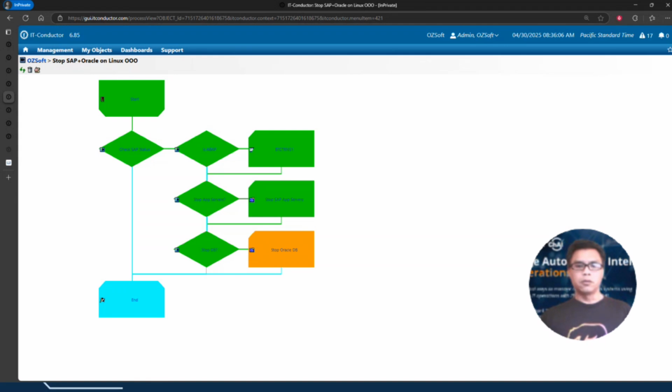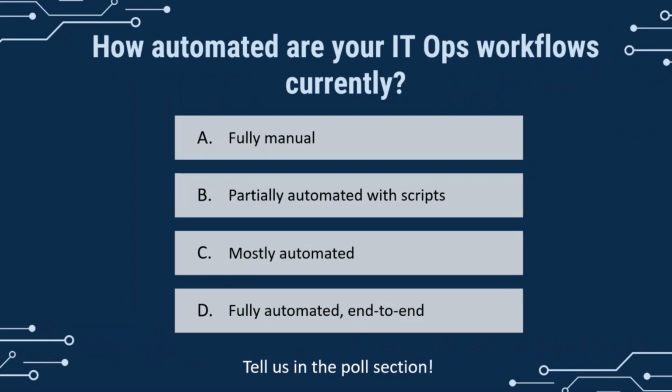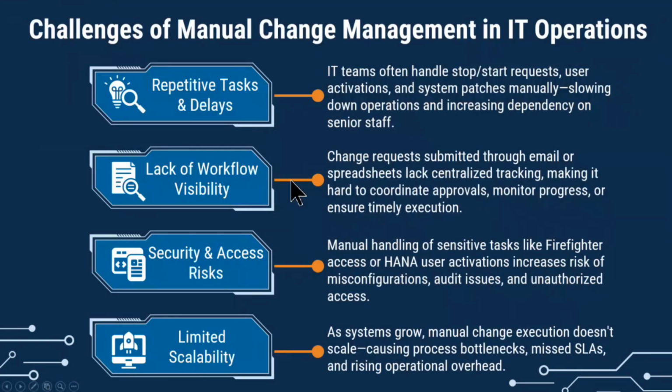Just to review what we're doing with all this at this point in time, we are looking at the types of changes here. We've looked at repetitive things like patching, starting, stopping, applying configurations, looking at the visibility into the workflow, looking at security.